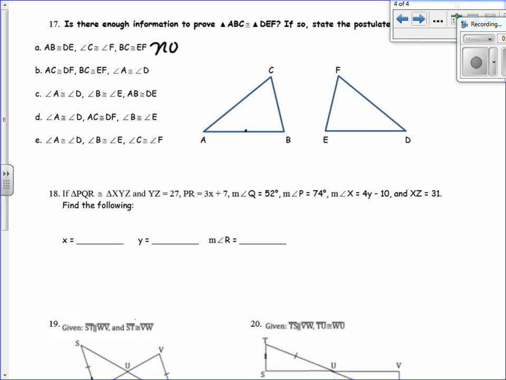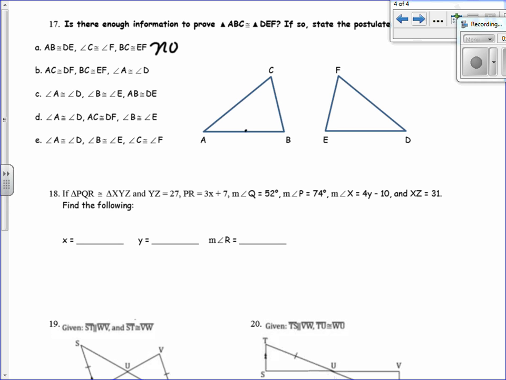The answer's still not correct. So it has to be one of the five.